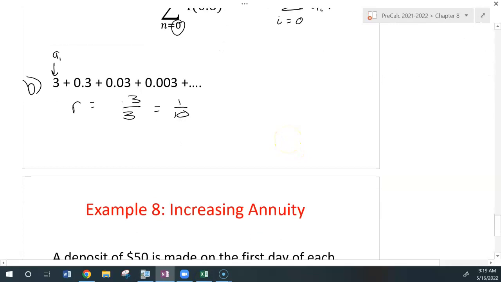So now my sum is going to equal our first term, 3 over 1 minus 1 over 10. Put that on my calculator, and we're going to get approximately 3.333, and it's actually going to keep going.